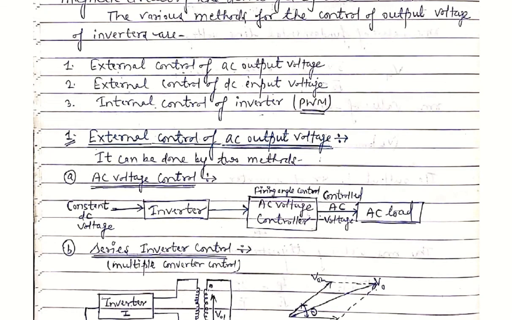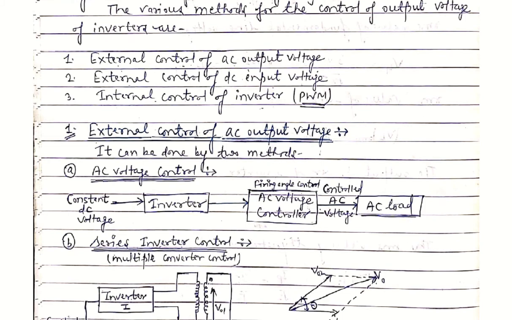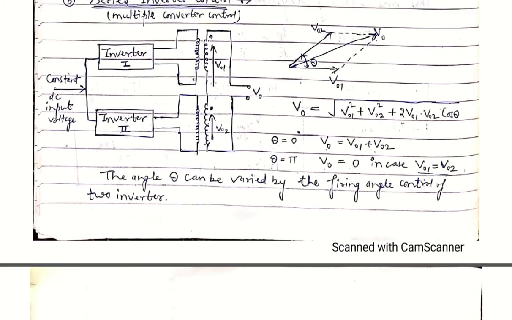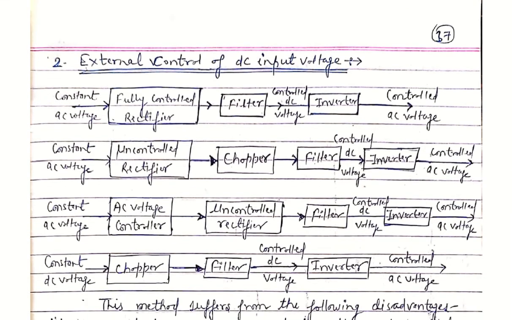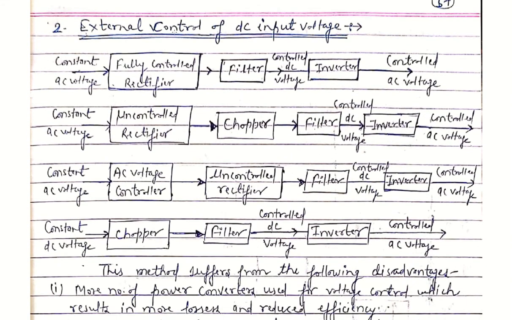Now the second method is external control of DC input voltage, which will be applied to the inverter side. How do we control the DC input voltage? It is controlled by employing some converters here. This is the inverter, which always has to be fed power to produce a controlled AC voltage.